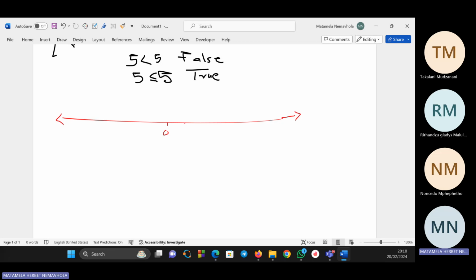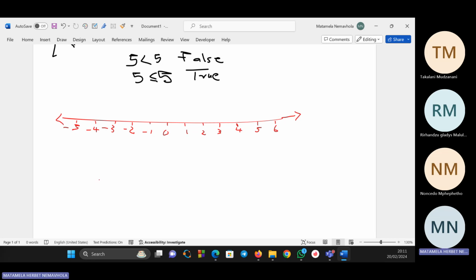So if I scale it this way, it's going to be 1, 2, 3, 4, 5, and 6. And going this way, it is going to be -1, -2, -3, -4, -5.